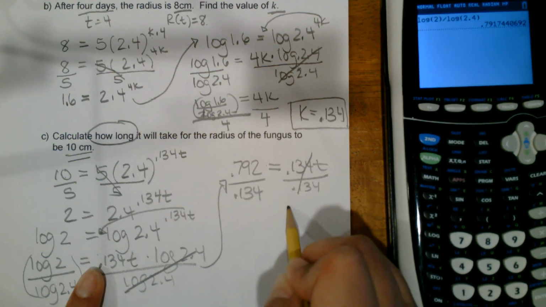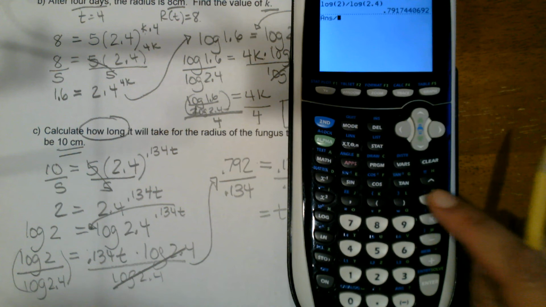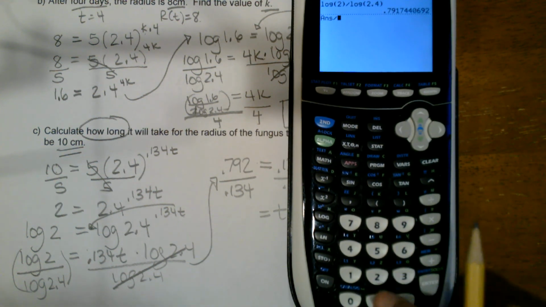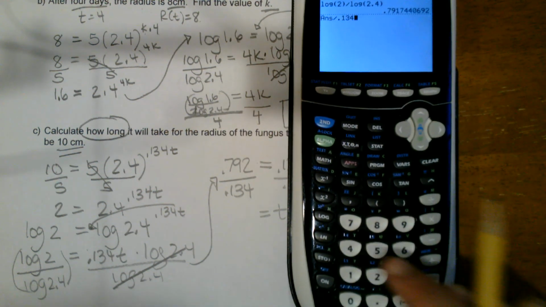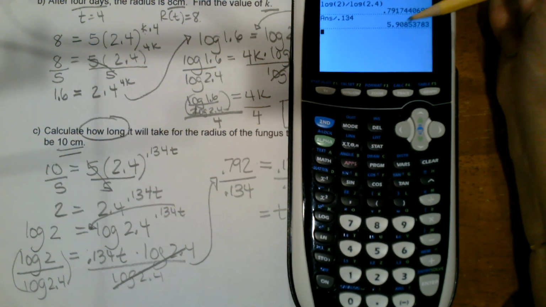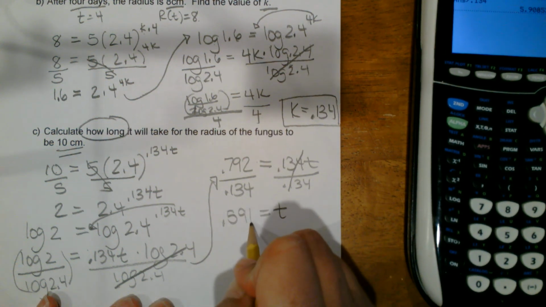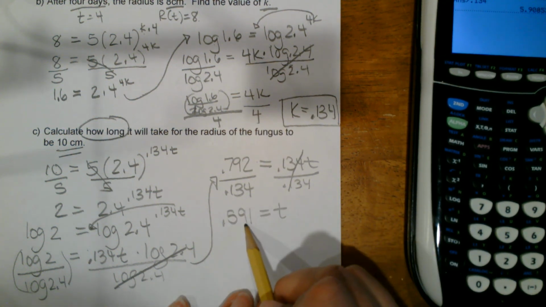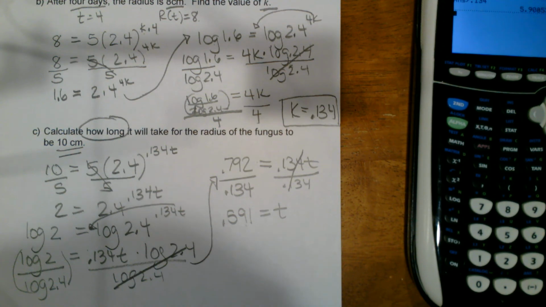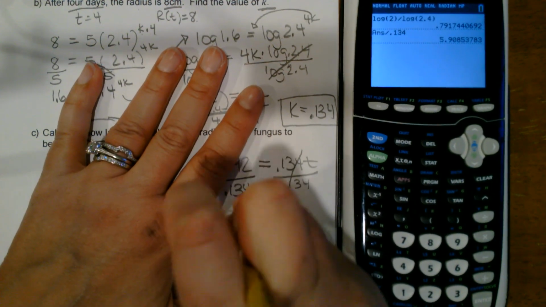Now we're doing some math, everybody. Our time is, we can simply press the division symbol, divided by 0.134, enter. We get 0.59, and I'm going to round that to 0.591. So how long will it take? Wow, that's not really going to take that long. Oops, not 0.591.